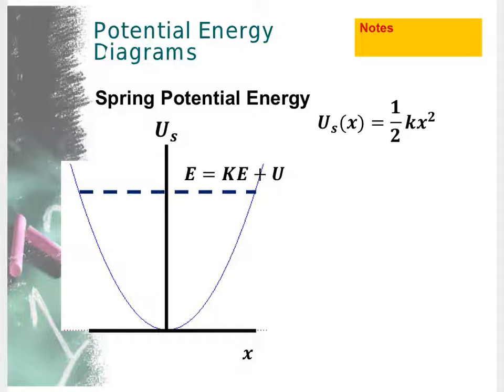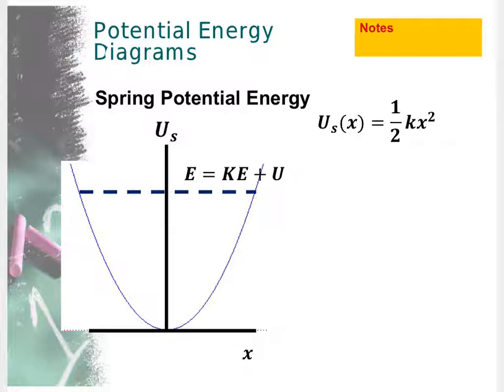Now with spring potential energy, we have a different function. We have a spring potential that's equal to 1/2 kx squared. So instead of making a line like we do with gravity, the spring force has a parabolic potential energy function.